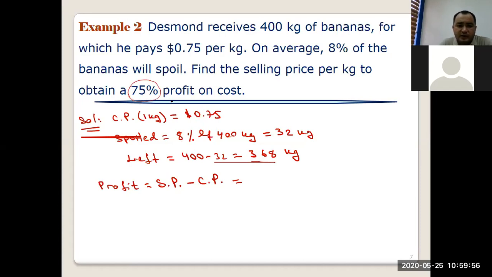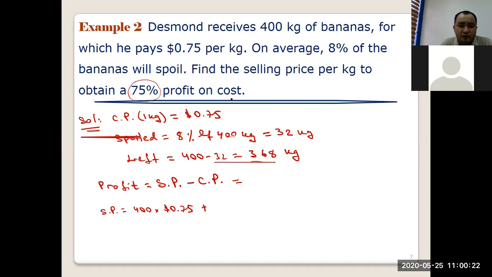Actually my selling price should be 400 times 0.75 plus, because for each I spend this much and I am going to make this much profit.